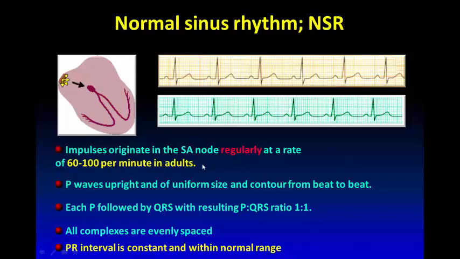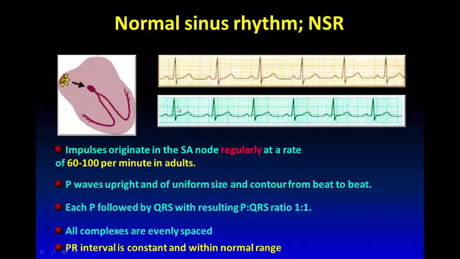The normal sinus rhythm is defined by the ECG as a rhythm which shows P waves which are upright and of uniform size and contour from beat to beat. So this ECG shows a normal sinus rhythm. All the P waves are upright and of uniform size and uniform shape or contour from beat to beat.